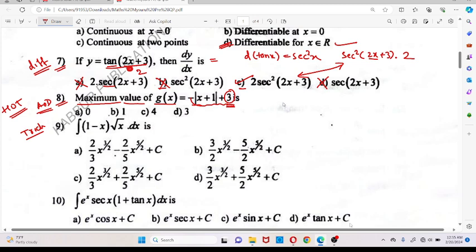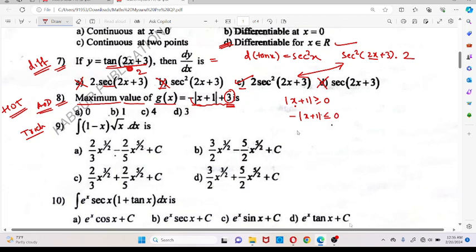But even if we solve, we know that modulus of x plus 1 will definitely be greater than or equal to 0, because for any value of x you put in the modulus, you may get 0 or a positive value. Suppose I put minus of modulus of x plus 1, the symbol gets exchanged, that is less than or equal to 0.